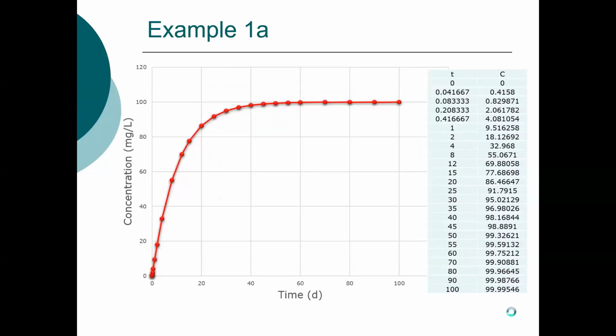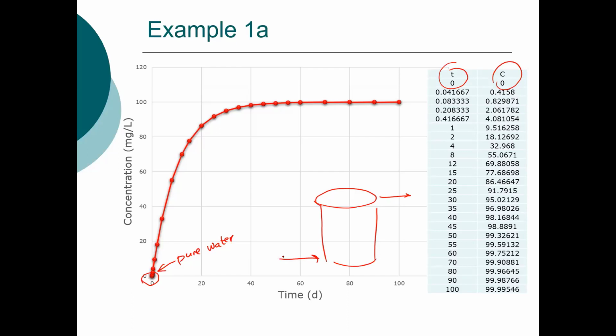So we have that previous equation that I just gave you. If we plot the data, so we're plotting T versus C, note that initially we start with pure water in the reactor. And as we're pumping into the reactor, here's our reactor, we're pumping in a solution that contains 100 milligrams per liter.